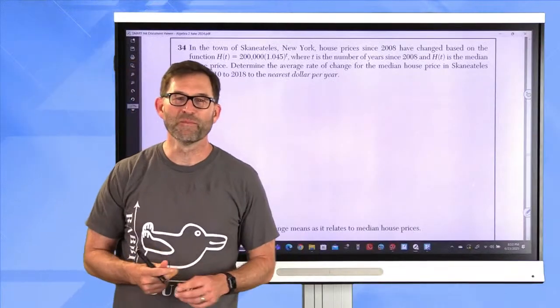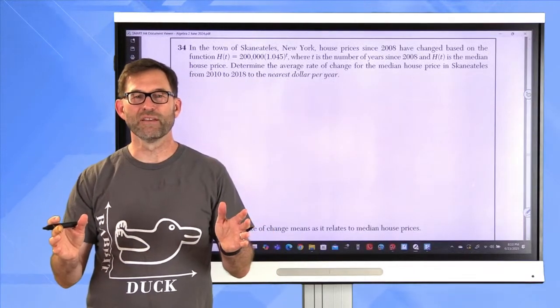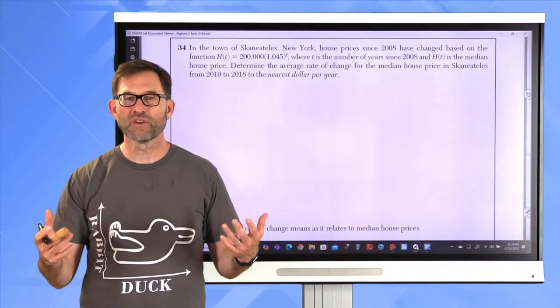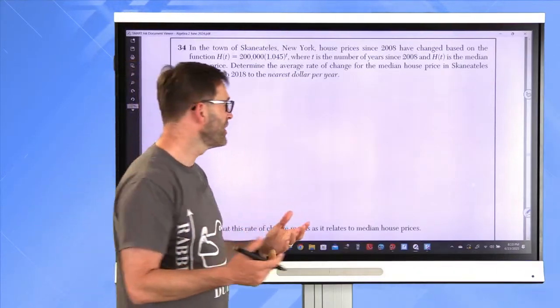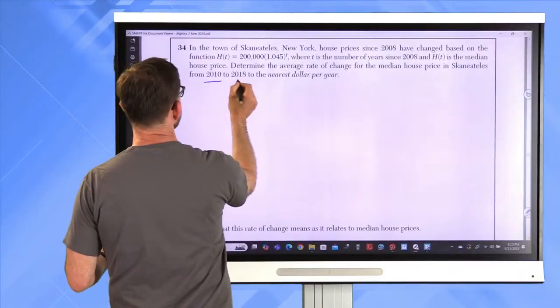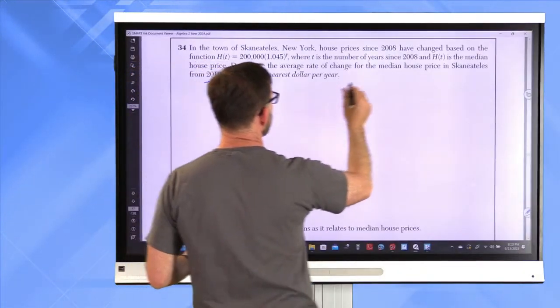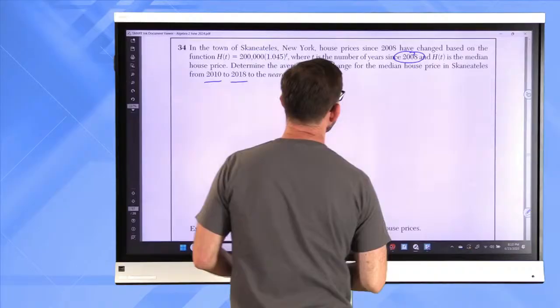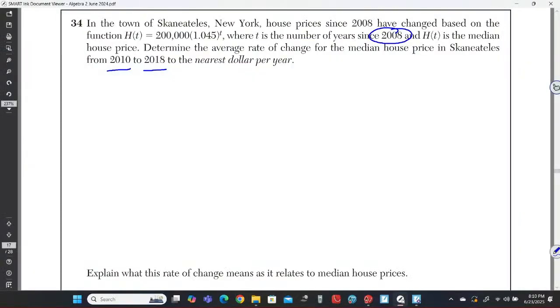Okay, so we have to do average rate of change, right? And average rate of change is pretty simple. Now, one thing that's key here is that we're talking about 2010 and 2018. T is the number of years since 2008. So what we're looking at is h of 10 minus h of 2 all over 10 minus 2.